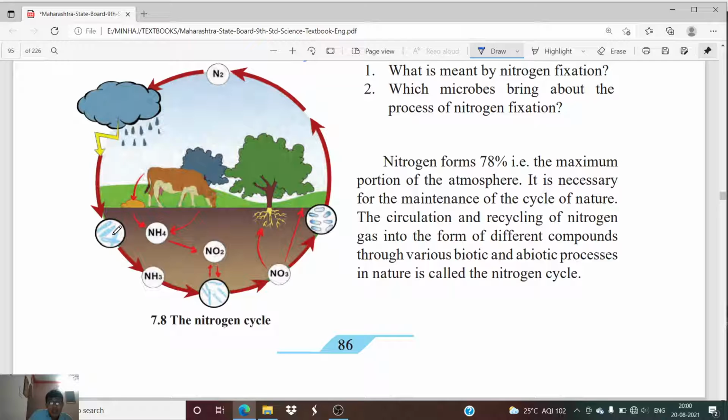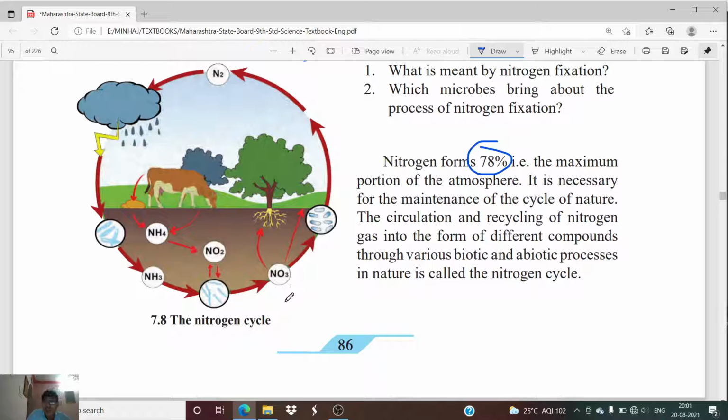Now nitrogen, as we all know, 78% of the earth's atmosphere, okay, is occupied by nitrogen. 78% nitrogen is present in the earth's atmosphere, okay. It is necessary for the maintenance of the cycle of nature, and this nitrogen is very important for maintaining the balance in the environment, okay.